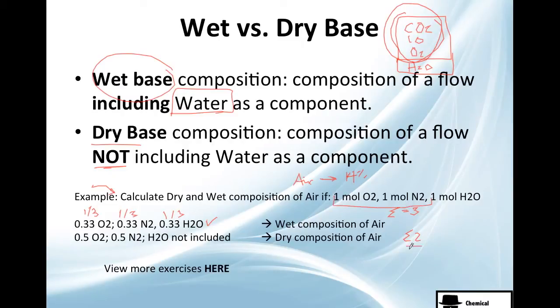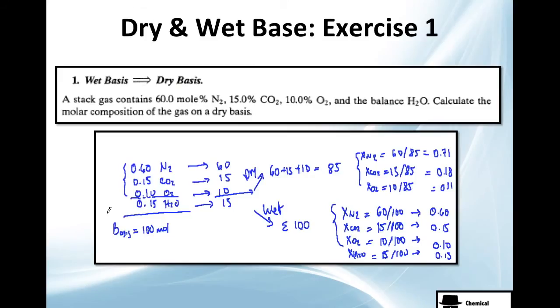We will add only 2, and it will be 1/2 and 1/2. H2O not included. So you can see the difference, 1/3 versus 1/2. Maybe you don't think that it's a lot, but it is. So keep practicing. Let's see more exercises. Dry versus wet base. Exercise number 1.